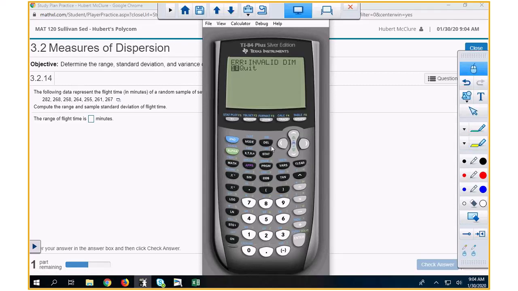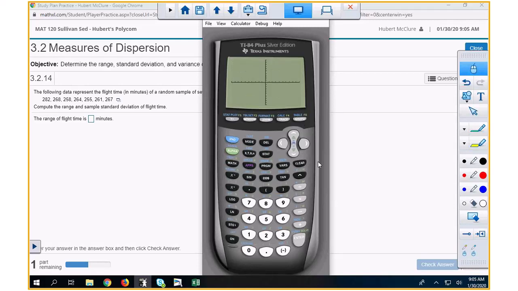Why is it doing that? It's not supposed to be doing that. Let me go back again. Second, box plot, enter. That's why I didn't hit enter, you got to hit enter. There we go.